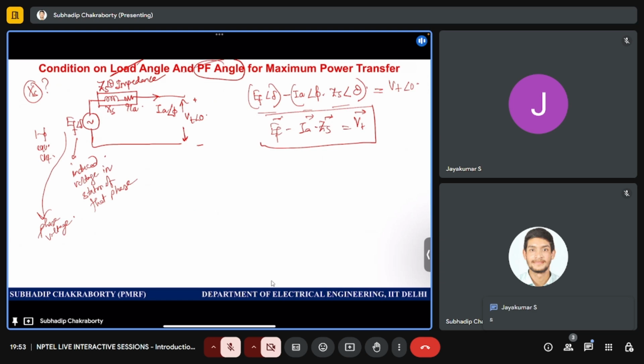So let us draw the phasor diagram, okay? Assume for the time being this is my VT. Let's say that the IA lags. Then VT plus IARA plus IAJXS will be EF.